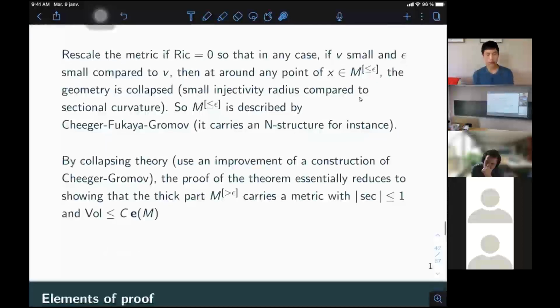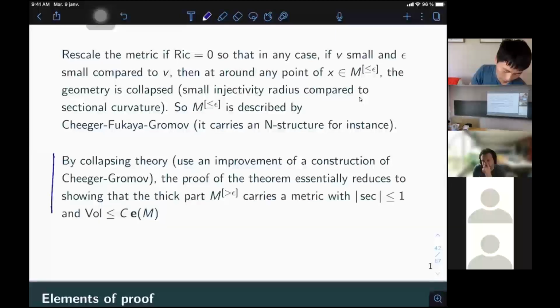But how do you work on this? Maybe before that, let me make this remark a little bit more clear. Remember, for the essential minimal volume, a priori you need to take a limit of delta-thick parts, right?